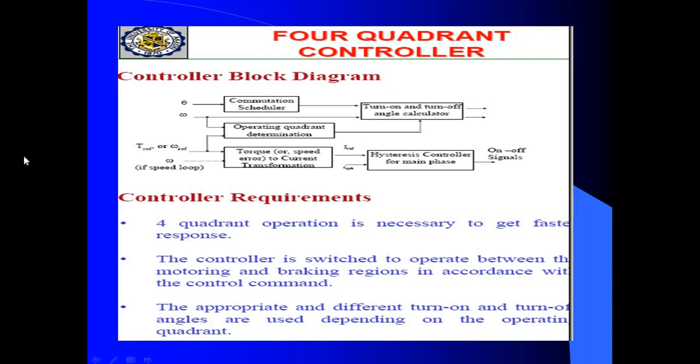The controller is switched to operate between the motoring and braking regions in accordance with the control command. Then the upper bridge and different turn on and turn off angles are used depending upon the quadrant.